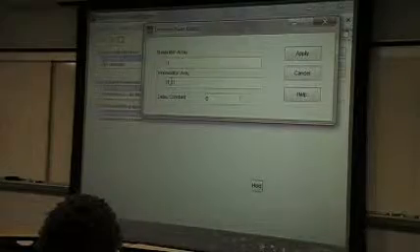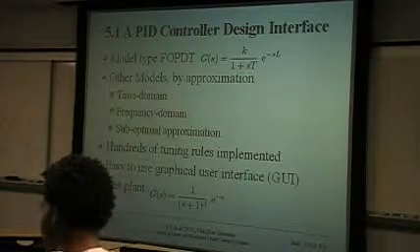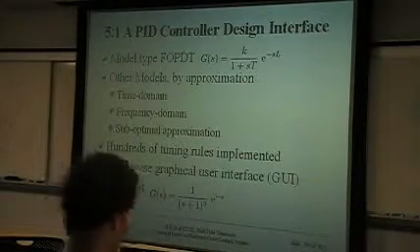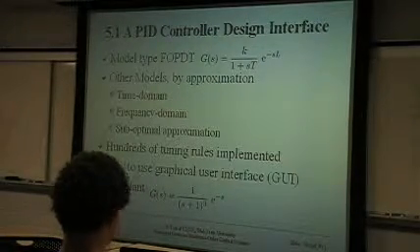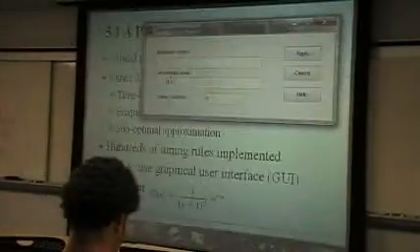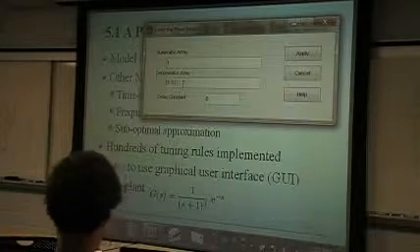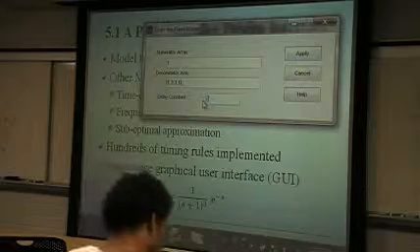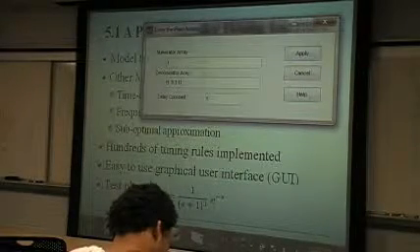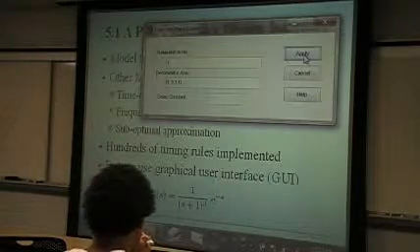For the model I used, I think it is 1 over (s+1) cubed, and then the delay is e to the minus s. The delay is 1. So for this plant model, we can express it here as 1, 3, 3, 1. This is the denominator, and the delay time is 1. So this is a description of the actual plant model I want to try.